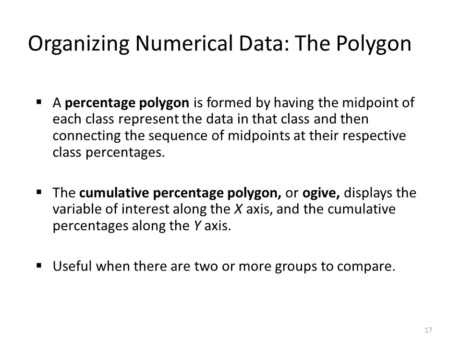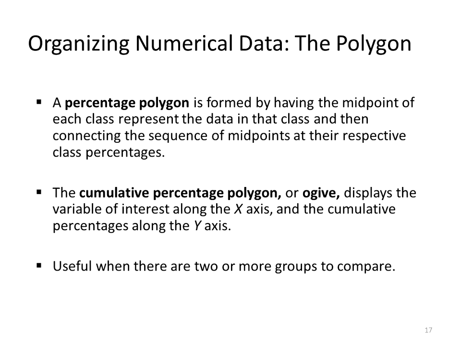Now, the polygon itself, we can say a percentage polygon, which is formed by having the midpoints of each class represent the data in the class, and then connecting the sequence of midpoints at their respective class percentages.